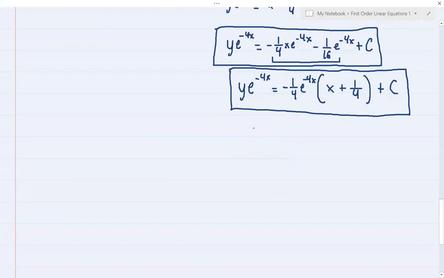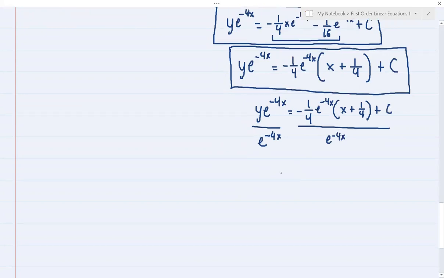So let me copy the second answer again. y times e raised to negative 4x is equal to negative 1/4 times e raised to negative 4x times (x plus 1/4), plus c. Okay. Let's divide both sides by e raised to negative 4x.